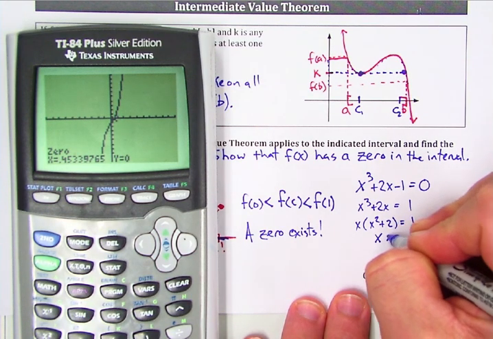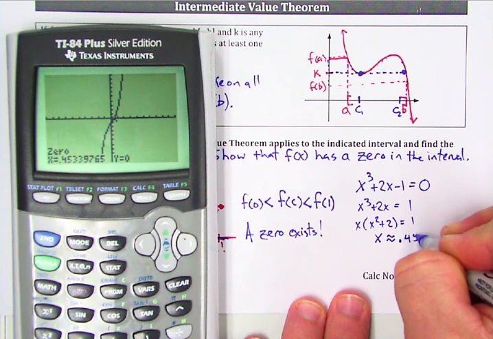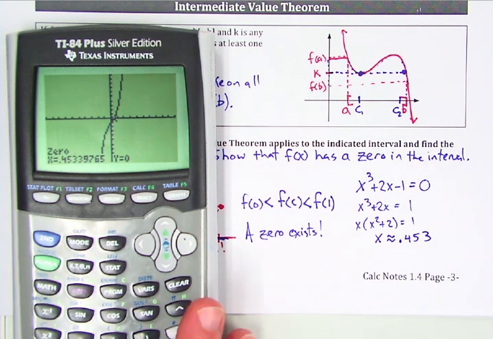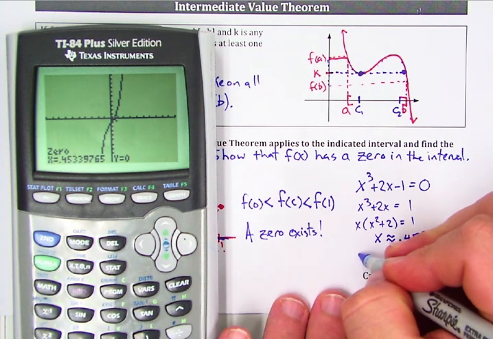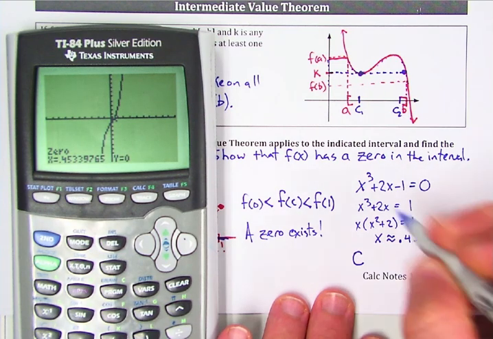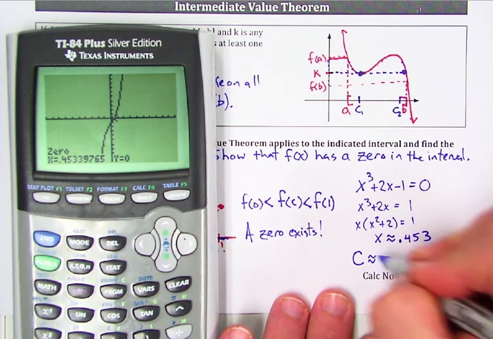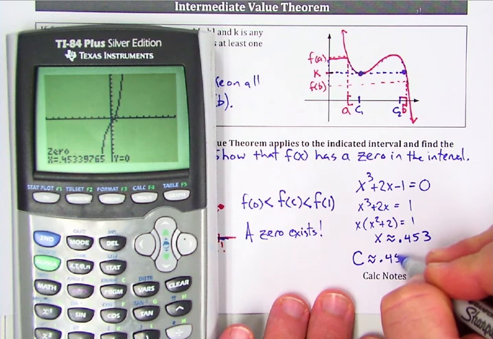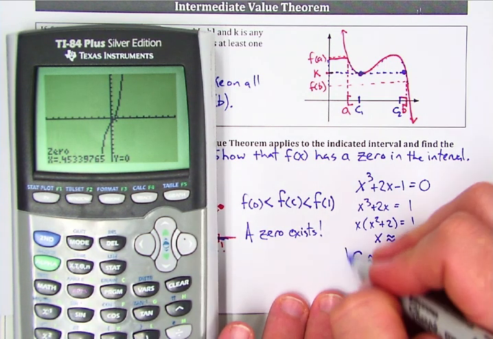So here x is approximately 0.453. So our value of c, which is guaranteed by the theorem, is 0.453 approximately.